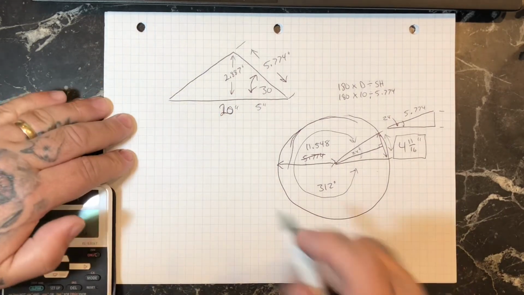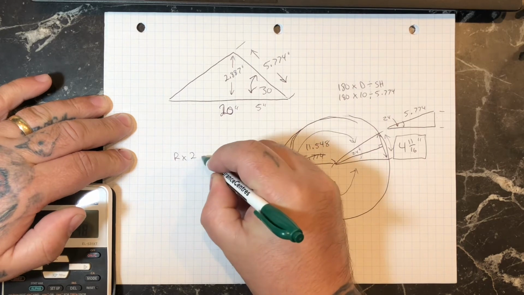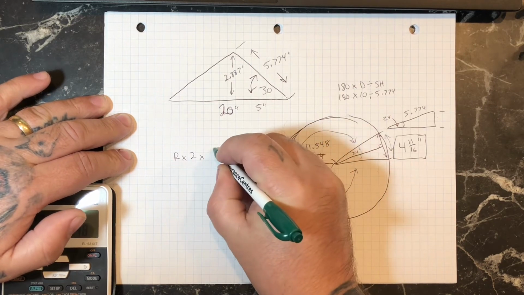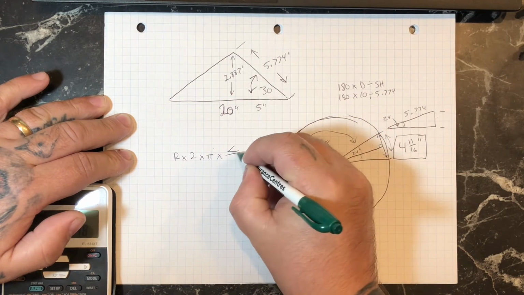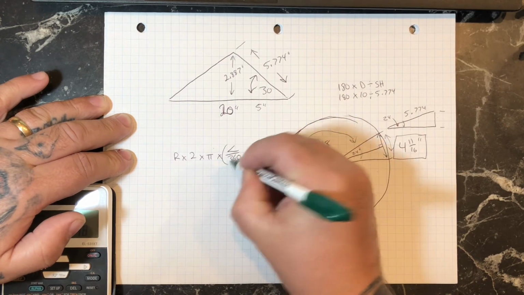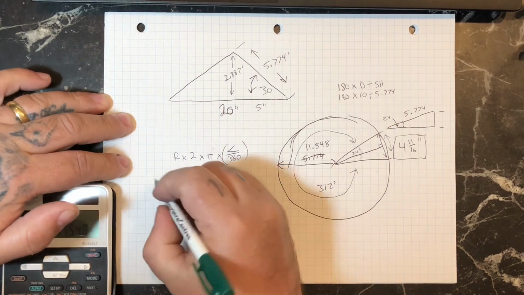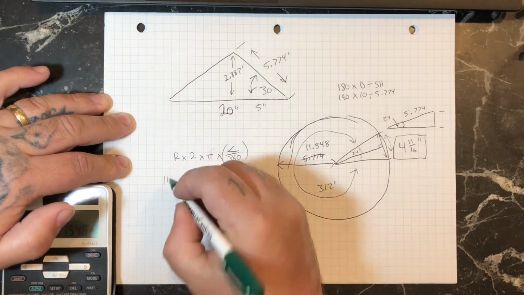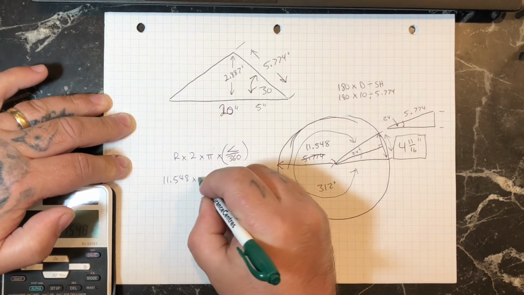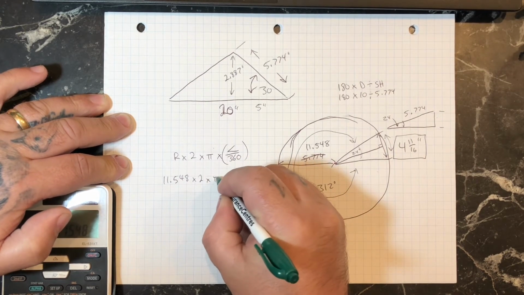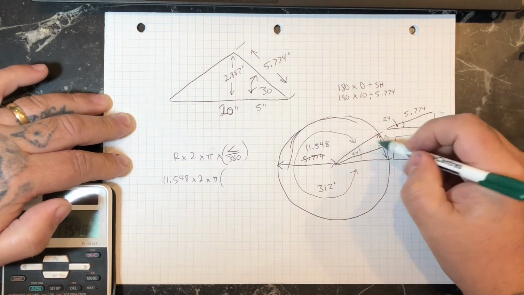And to find an arc length here, it's just a little piece of a pie. So if you remember, the formula for that is radius times 2 times pi times angle over 360. So my radius is 11.548 times 2 times pi, and my angle is 48, right?